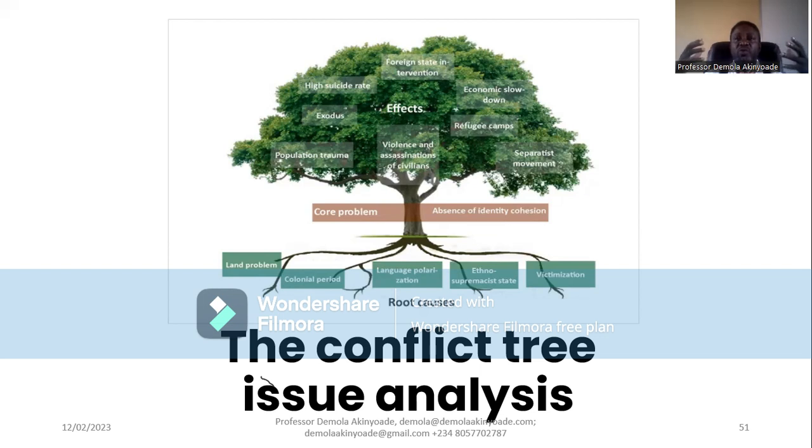What do all these root causes lead to? They led to absence of identity cohesion. In other words, the people living in this geographical area don't see themselves as one. There is disunity. Everybody is still bearing his mother's name or his father's name here.